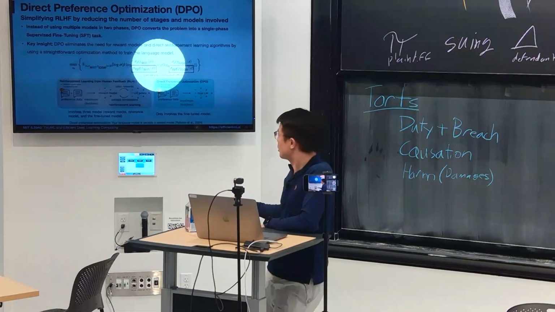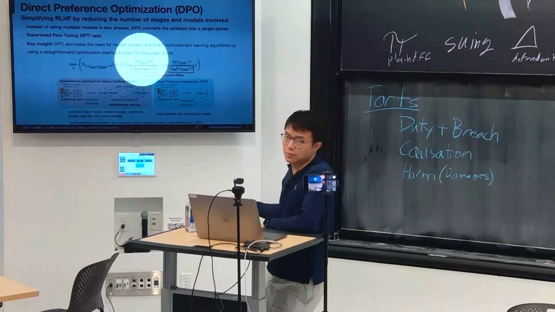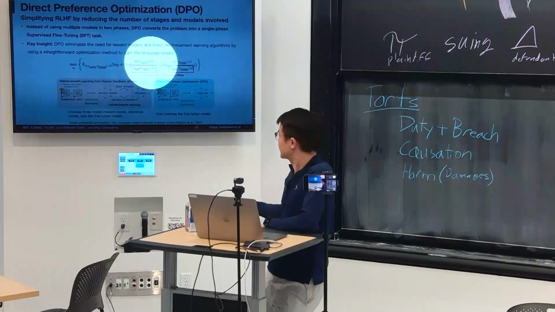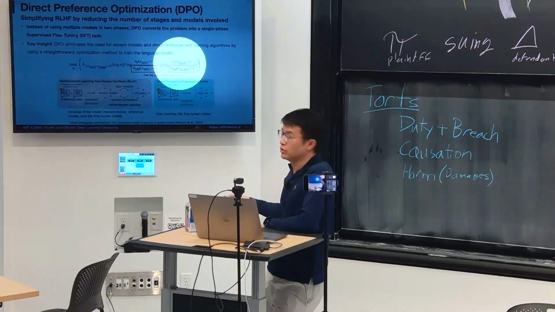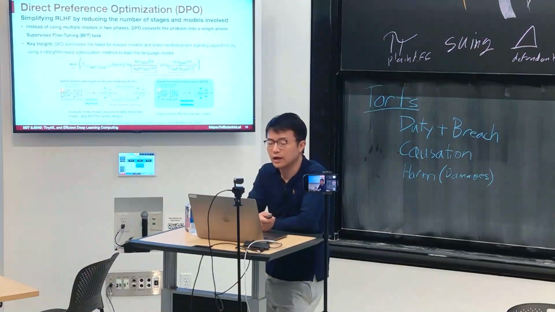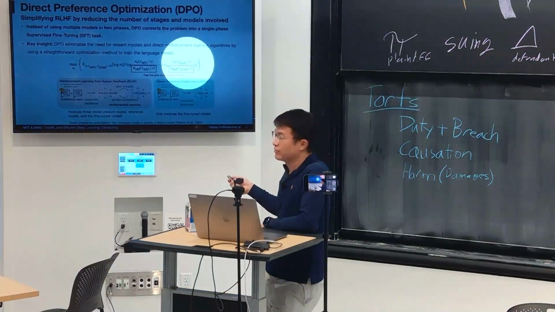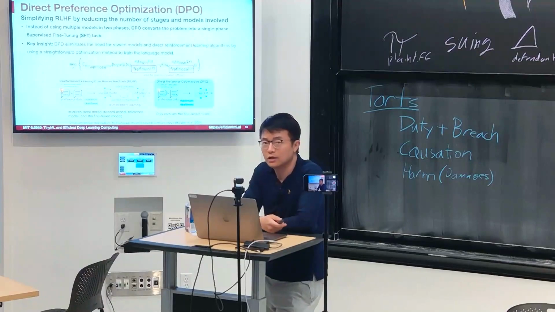Since this is a log, it is basically our model's Y win subtracted by the reference model's Y win. And we encourage our Y lose to be small, and since the Y lose is in the denominator, it is added back. That's how we encourage the winning output to have a higher probability than the losing output.